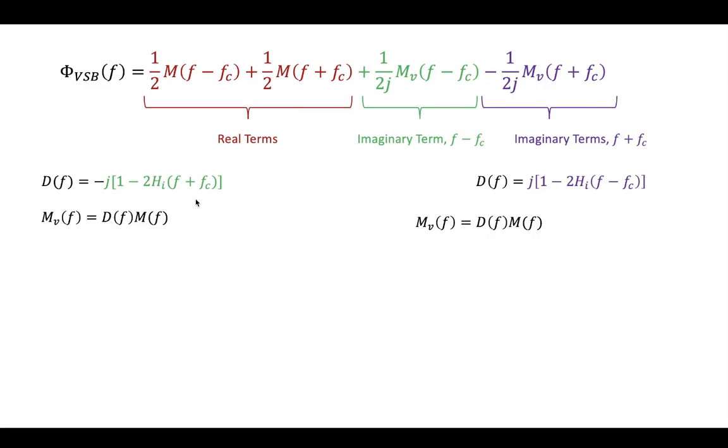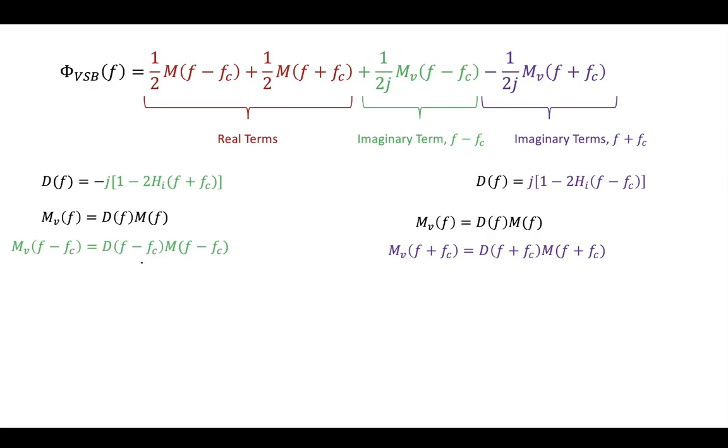Okay, so we have our green form and our purple form. We pass both of them through the transfer function D. For the minus FC, we're going to pass it through the form of the transfer function where we have the HI at plus FC, and for the purple, it's minus FC.